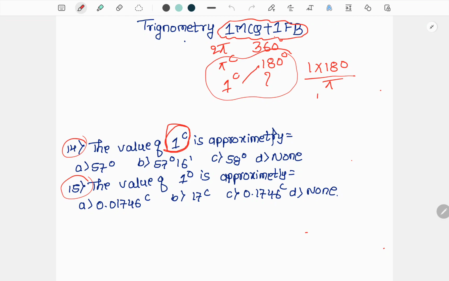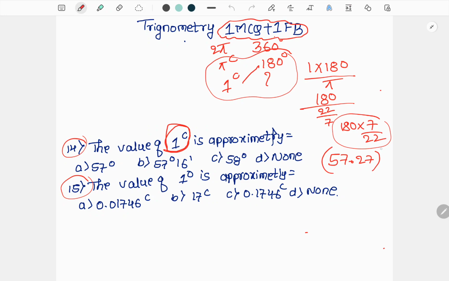Now if you substitute here, for pi we know 22 by 7, so 180 into 7 by 22. Now you can simplify this. If you simplify this completely, you will get 57.27 degree.